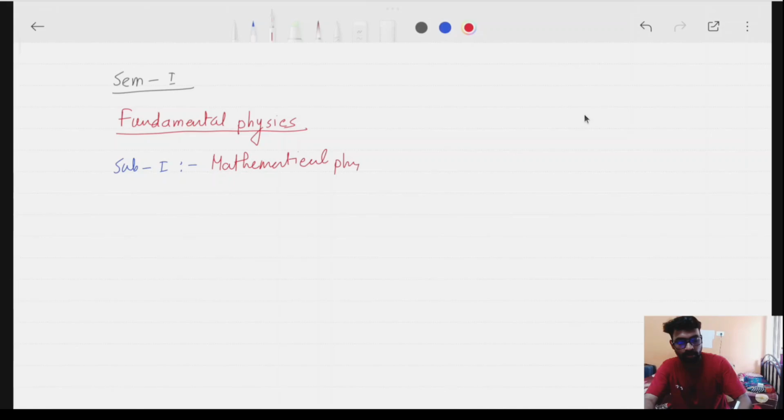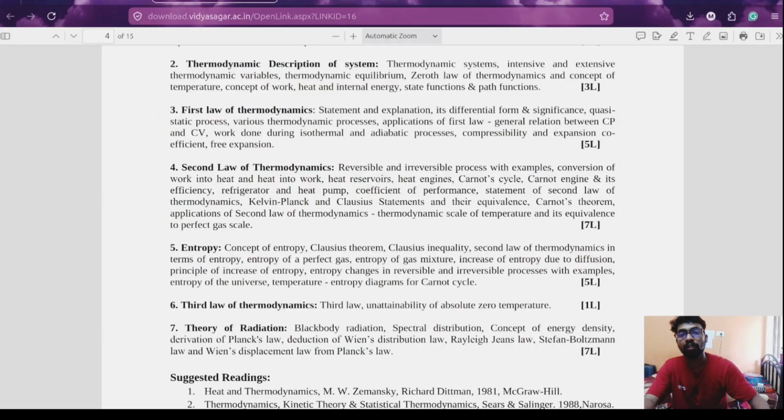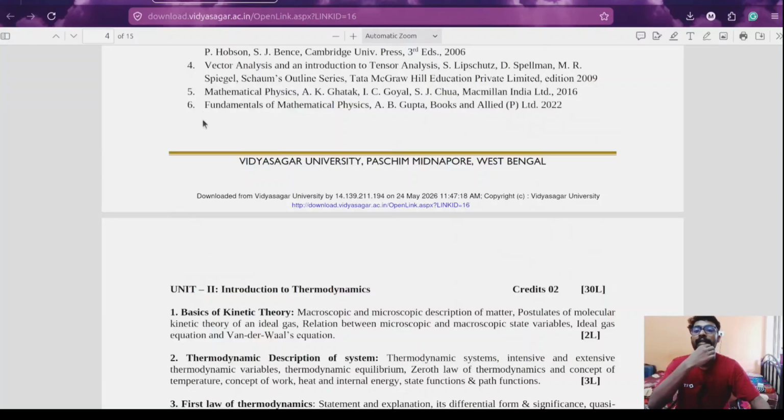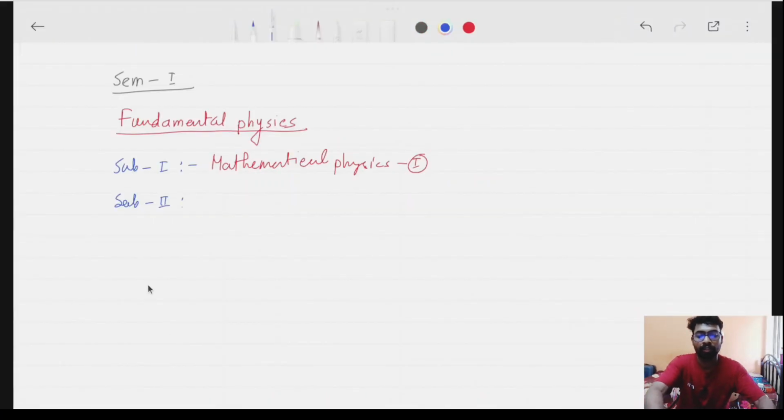This is a very basic part. This is called mathematical physics 1, right? And there is subject 2 also, and this subject 2 is called introduction to thermodynamics. Okay, nice. This is called introduction to thermodynamics.